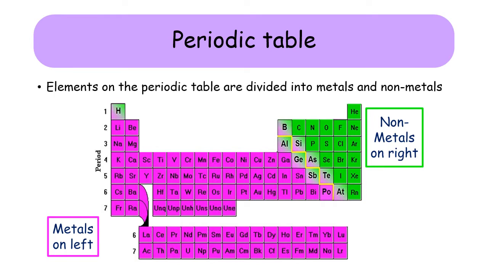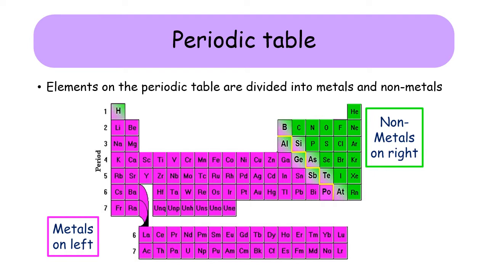On the periodic table, the elements are divided into two groups. They're divided into metals, which are found on the bottom left of the table, and the non-metals in the top right of the periodic table. You can see this yellow staircase, which you can see drawn in black on page 6 of your data booklet.